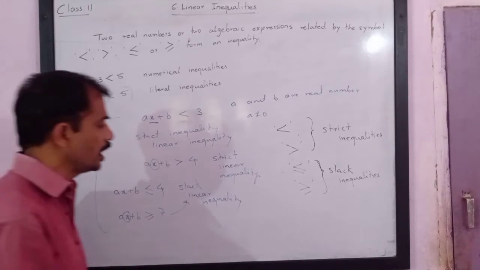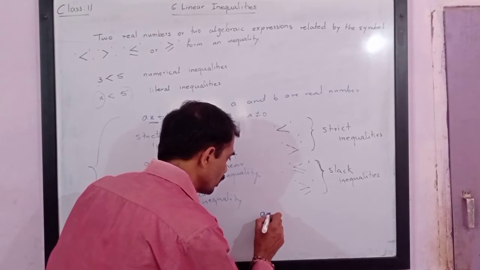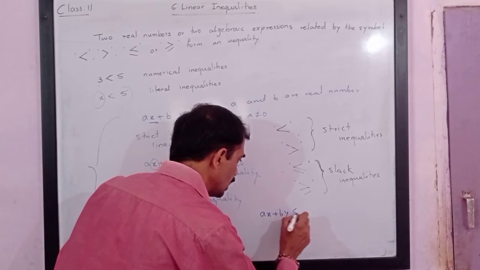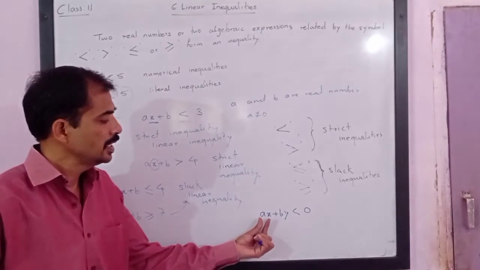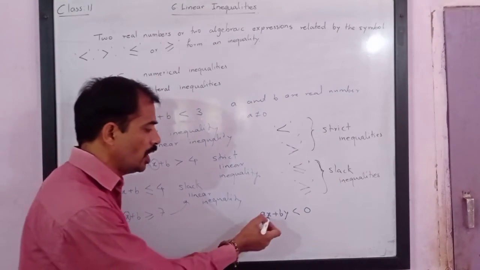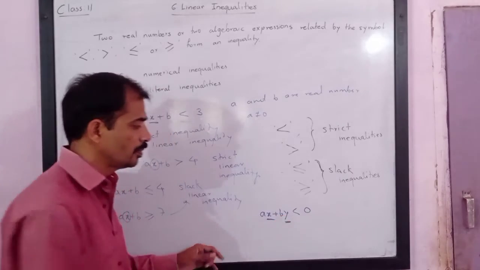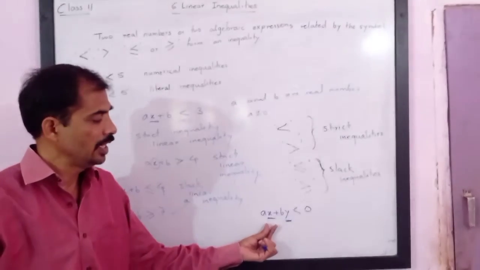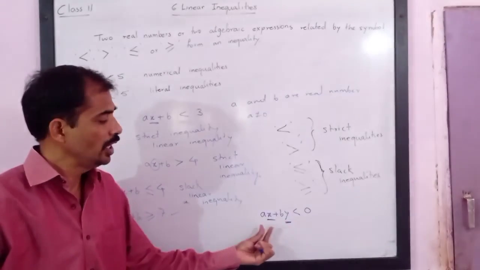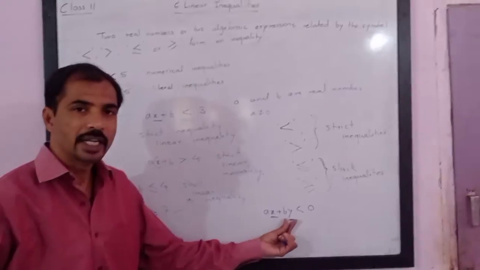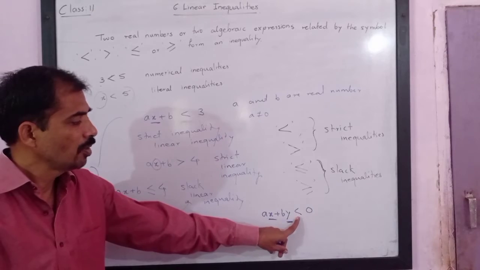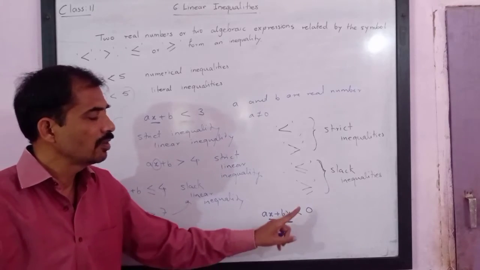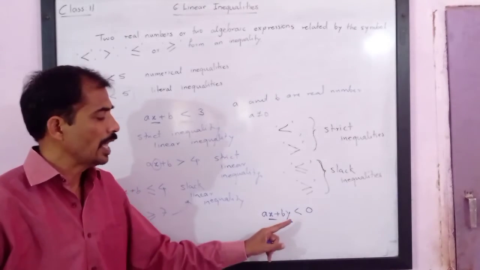If you take another relation, ax plus by less than 0, please note, here the power of the variables is 1. So this is again a linear inequality, but two variables exist. So it is a linear inequality in two variables. Because of this symbol, it is a strict linear inequality in two variables.